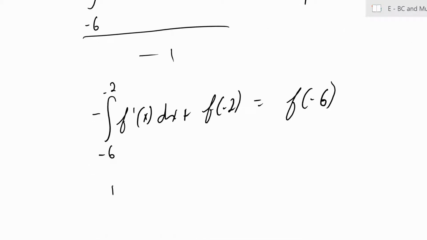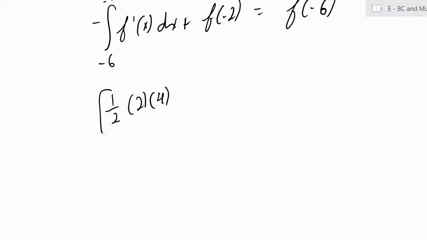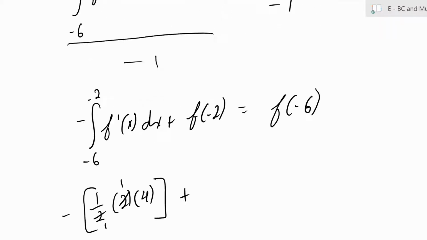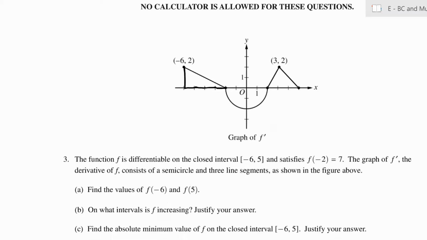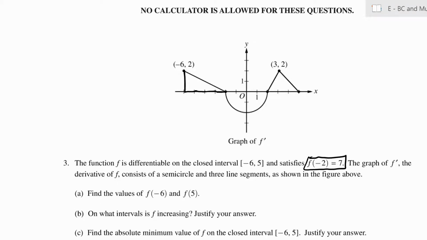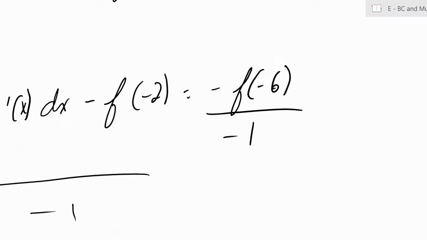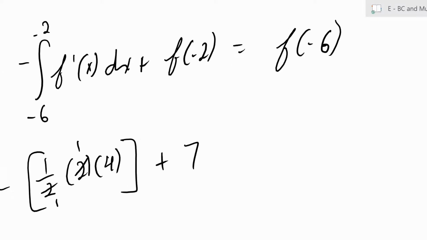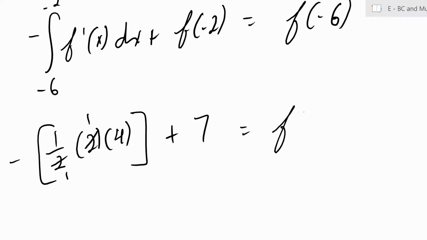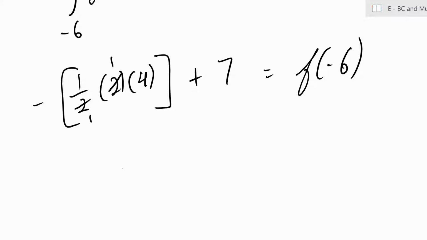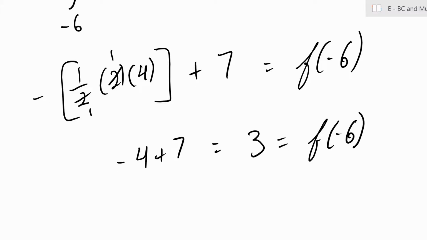So it'd be 1/2 times 2 times 4, forget that negative on the outside, and the 2 cancels, so it's just 4, plus, we know f of negative 2 is 7 based on here, so 7 equals f of negative 6. So we basically have negative 4 plus 7, which is equal to 3. So f of negative 6 is equal to 3.